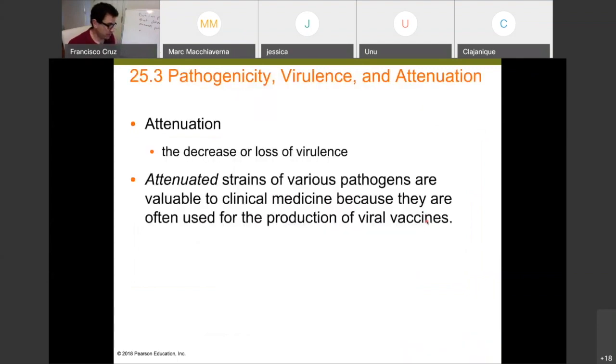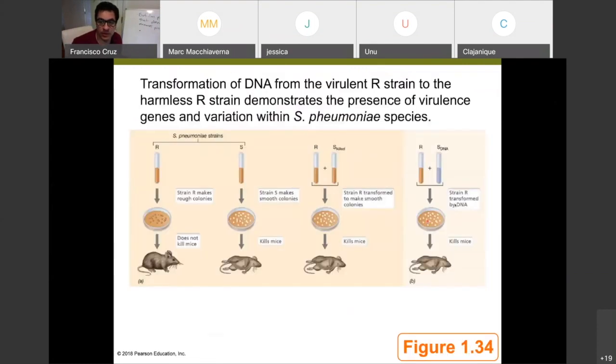So what we want in order to make a vaccine is an attenuated version of whatever we're looking at. So we have the S strain that killed. Well, how could we make a vaccine?